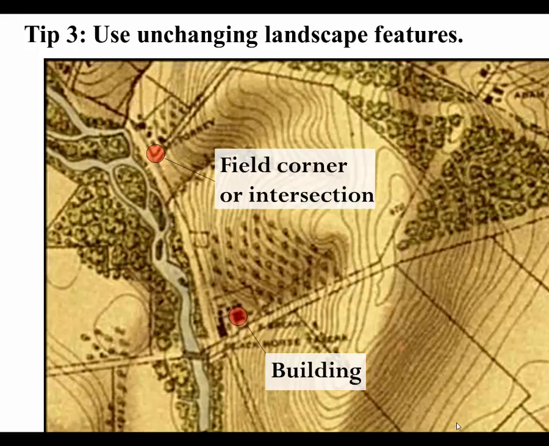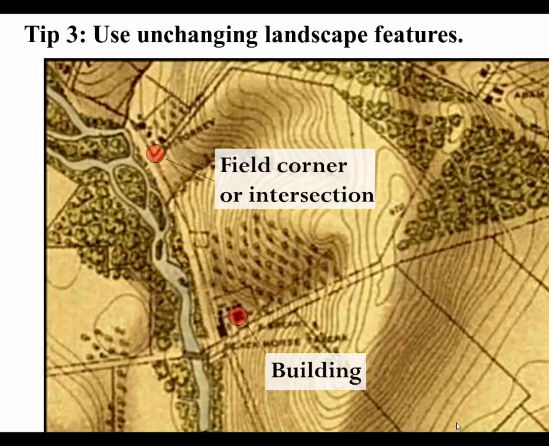And the lower highlight of a historical building, if you know that buildings were present at the time of your map and they're shown on the map and they're in the present-day landscape, they provide excellent control points. Administrative boundaries that have not changed, such as township or county lines, can also be good.